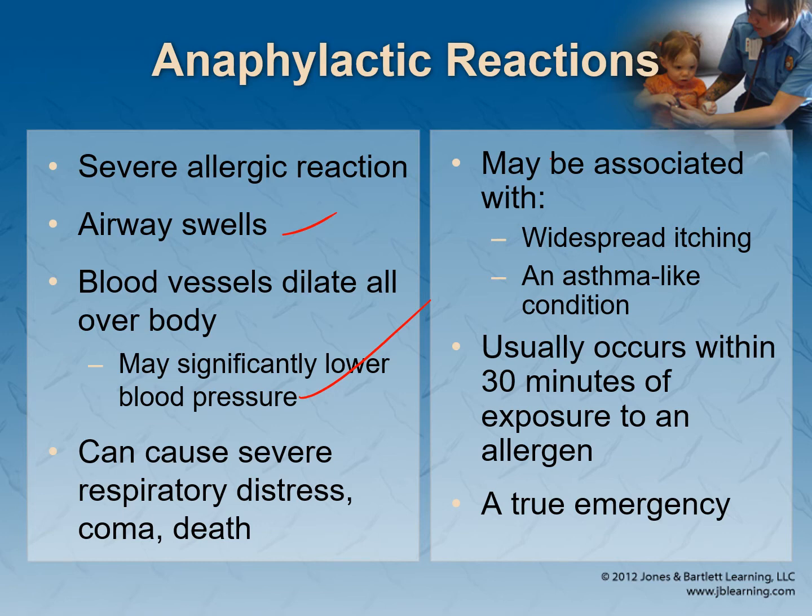It causes inflammation, and that muscle actually spasms shut and starts dumping a bunch of mucus into the air passage. So it looks and sounds, and to your patient feels exactly like an asthma attack.